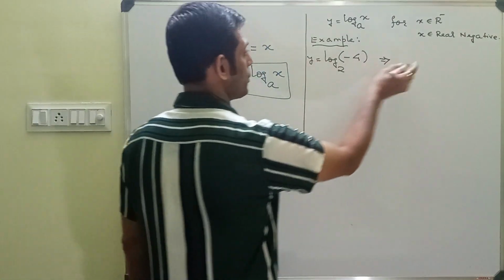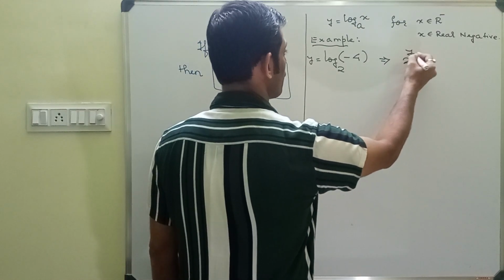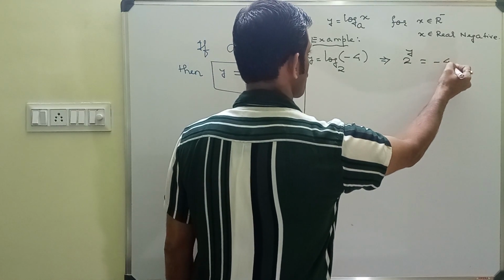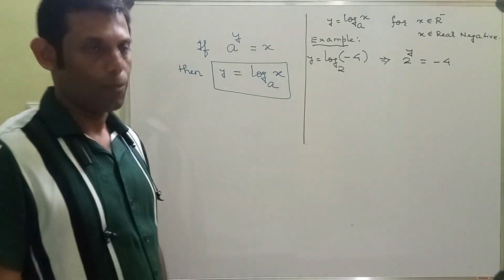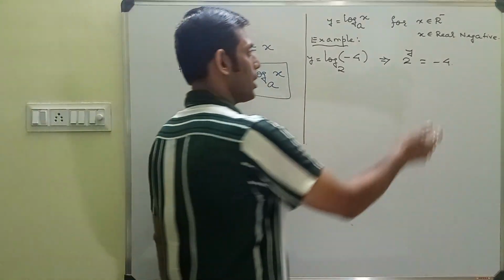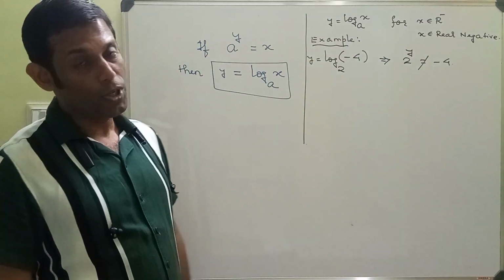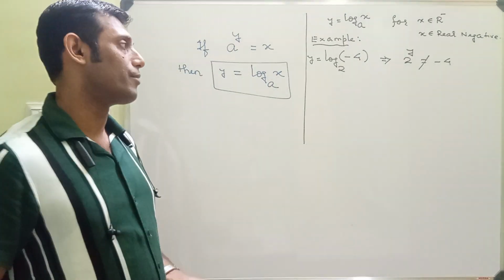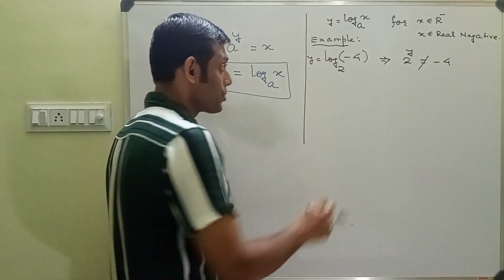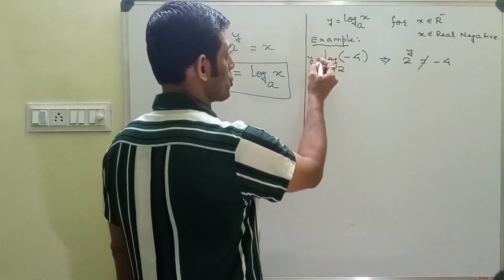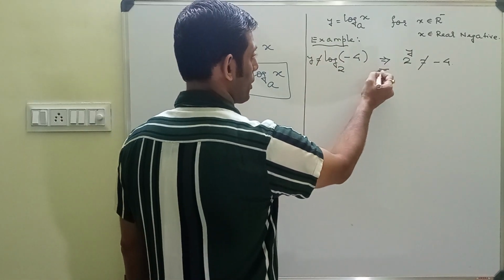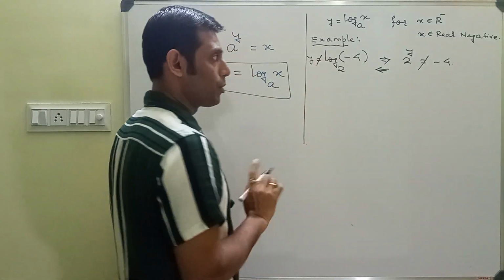that means alternatively you should have 2 power y equals minus 4. Now, is that ever possible? The answer is no. This is not possible. An exponential expression cannot have a negative value. And that means if this is not possible, this is also not possible.